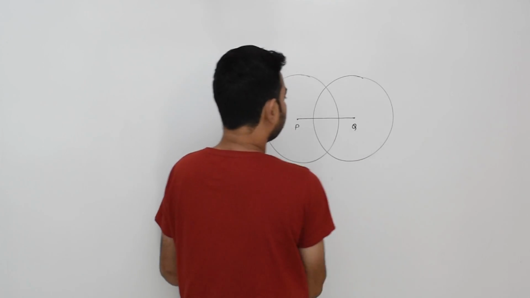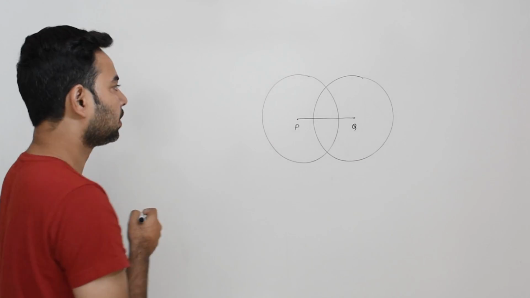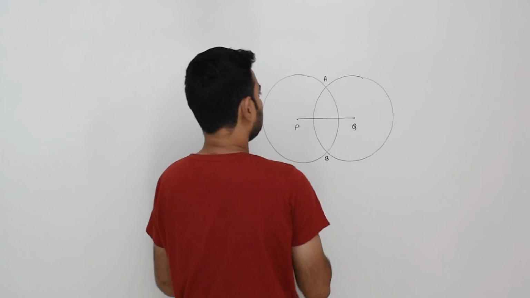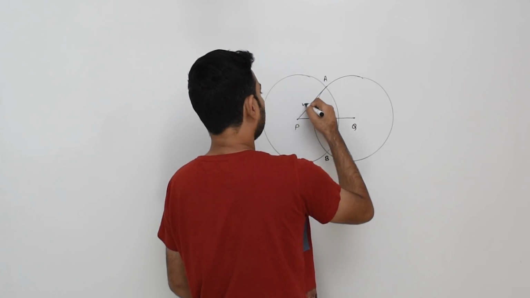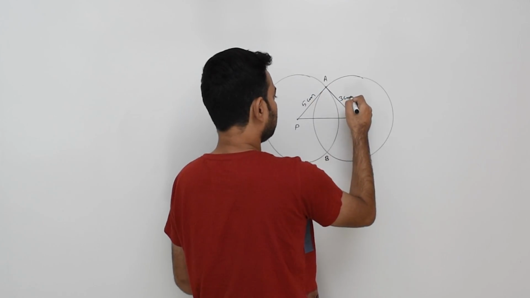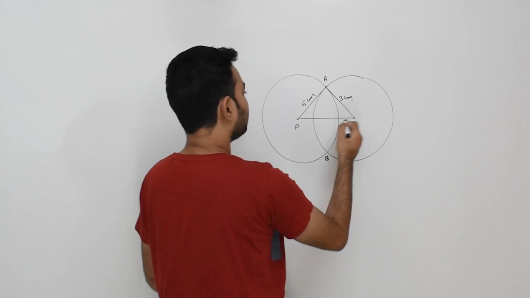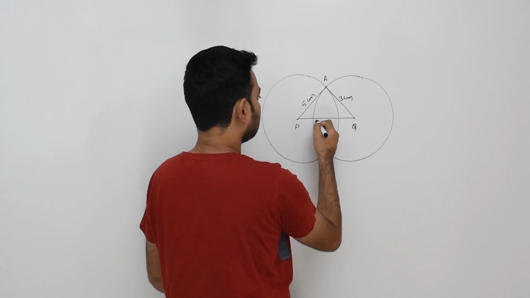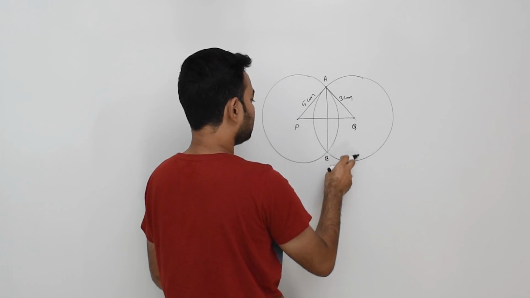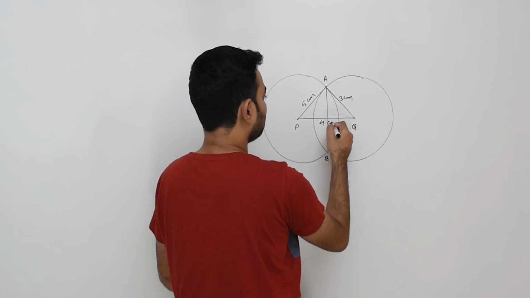PQ is the distance between the centers. The circles intersect each other at A and B. Radii of the circles are 5 centimeters and 3 centimeters. Then the distance between their centers is 4 centimeters. You have to find out the length of the common chord, that is AB.